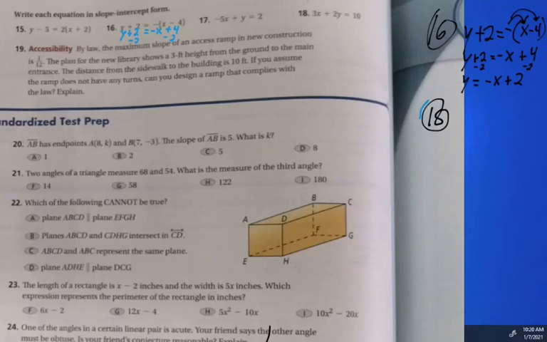3x plus 2y equals 10. How are we going to get y by itself? What's the first step you do? You could divide everything by 2. Want to?